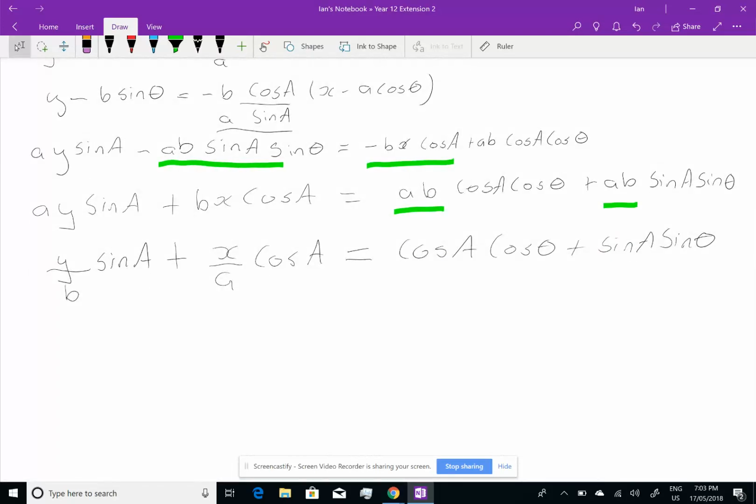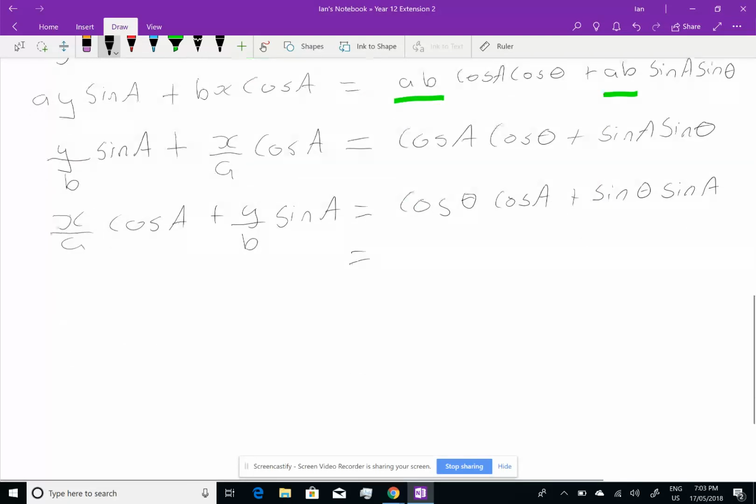Okay. Let's rewrite this so that the x's first. x on a cos A plus y on b sine A equals, well, actually I want to rewrite that a different way. I'm going to write that as cos theta first, cos A, plus sine theta sine A. Now the only reason is because I want the theta to be first.